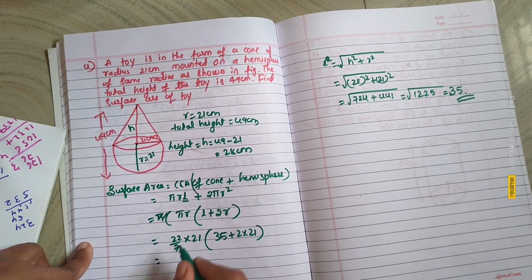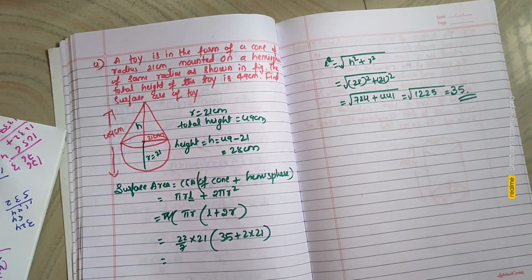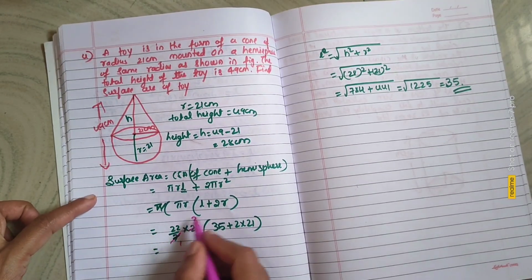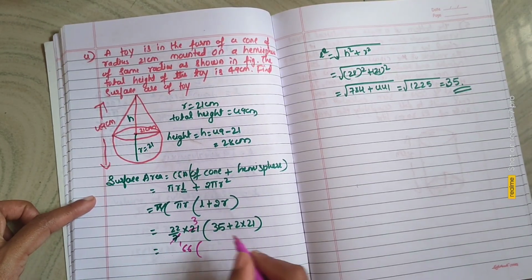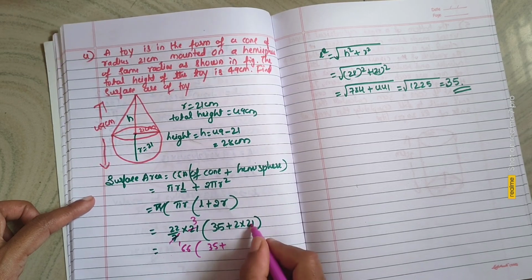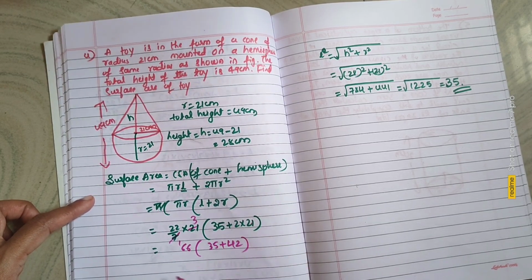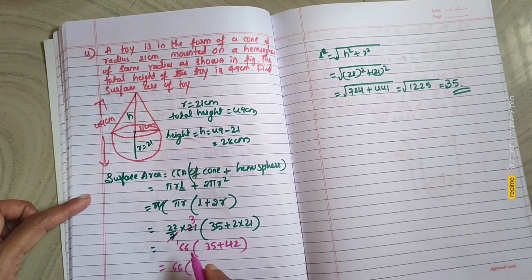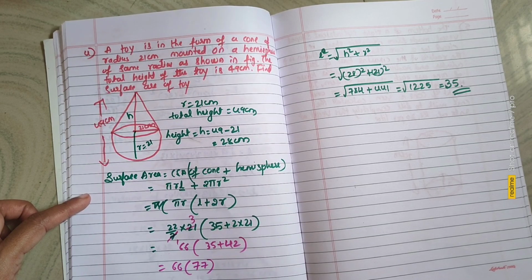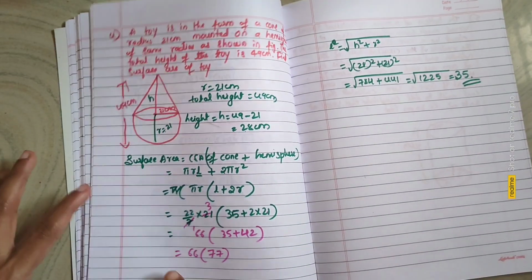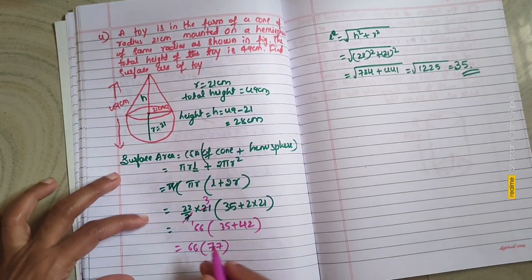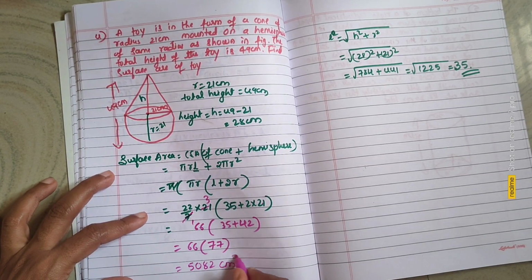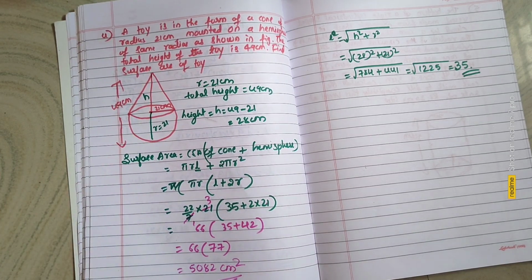On cancelling, 7 times 3 is 21, 22 times 3 is 66. So 35 plus 21 times 2, this is 42. So 66 into, on adding, 77. So 66 times 77 gives 5082 centimeter square. This is the surface area of the given toy.